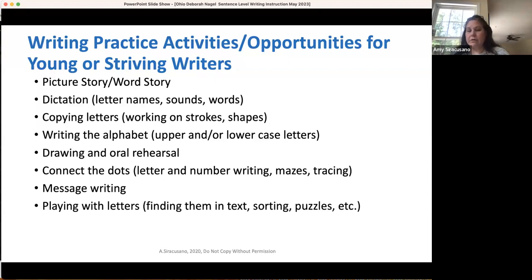And then playing with letters: sorting them, doing puzzles, finding them in text, cutting them out, and then sorting them. Those are all really good centers or writing practice activities for kids who may be struggling with sentence formation or may need some additional support with letter processing. And I'm sure you guys probably have others as well, but I'm always asked that question.